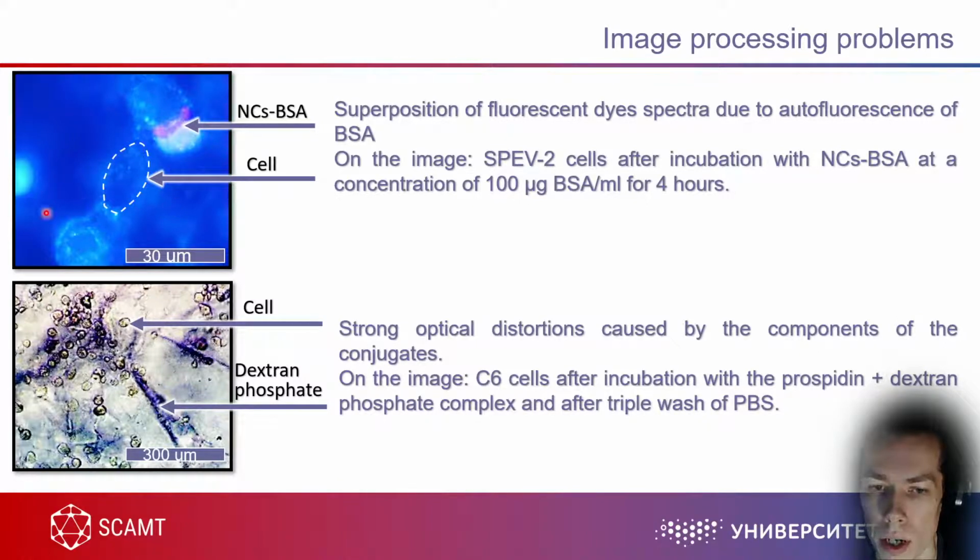And in case you have some additions to your cells, for example, here is a phosphatidylhexane phosphate, so it's a gel, and your cells are incubated with gel, and it's definitely some structure which will scatter the light, and not just light but fluorescent light too, and this will be some artifacts in your sample, some additional lines like here, and all of this will affect your final quality of image.